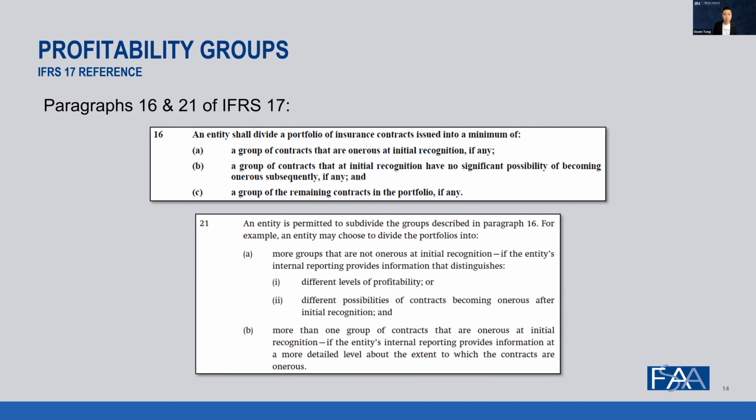So if your internal management reporting looks at this and says, well, actually, we like to look at this information in a lot more different shades of profitability, that could be a reason why you want to separate this, rather than 3 tiers based on profitability, into a few more tiers based on profitability to align to the internal management reporting.